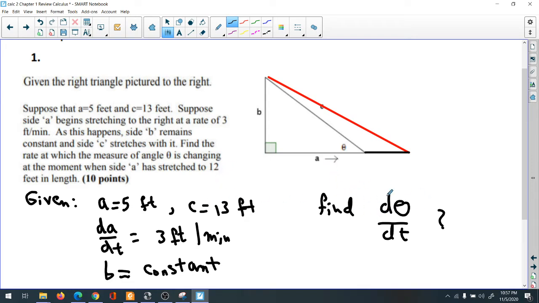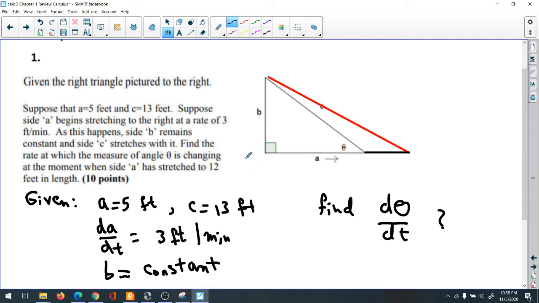If you want to find the change of theta, we have to find a trig ratio for theta. We could do it based on A and C, but it would be better to use A and B, because B is constant. C is changeable and A is changeable. A we know, but B we don't know.